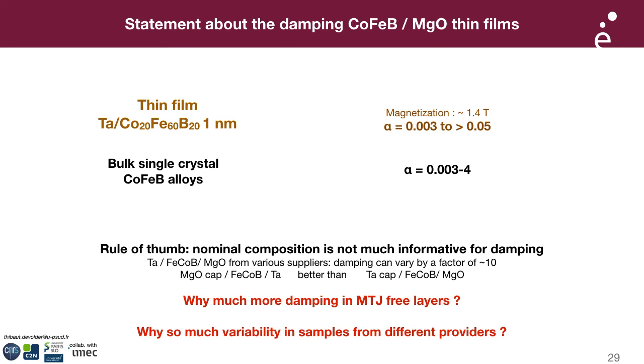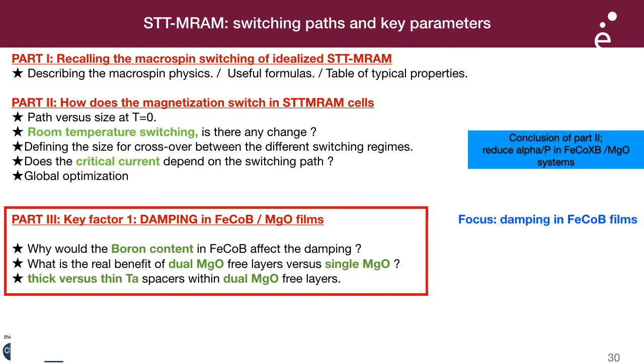There's a large variability of the free layer damping, even for nominally identical materials. Now I want to understand why there is this variability, and what to do to always get low damping for the free layer. The first thing I want to comment on is how the boron content impacts the damping.